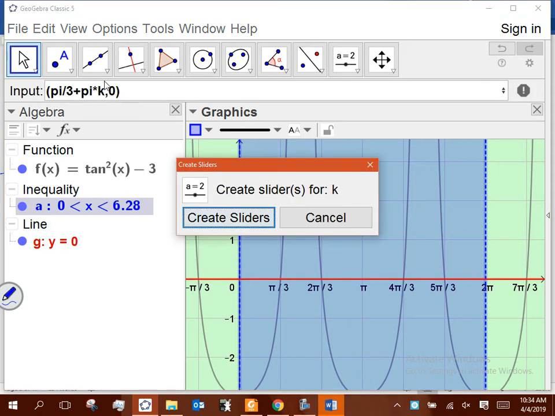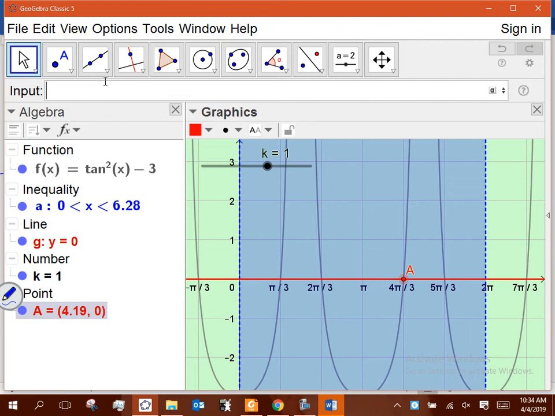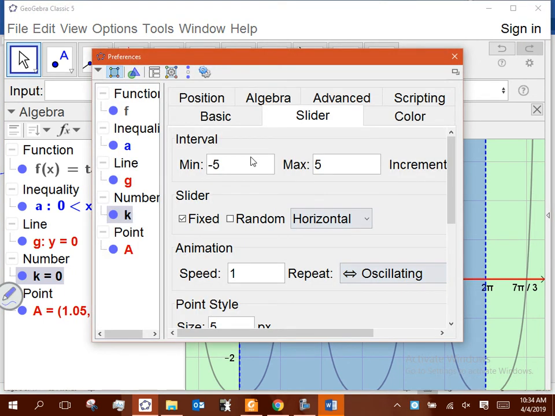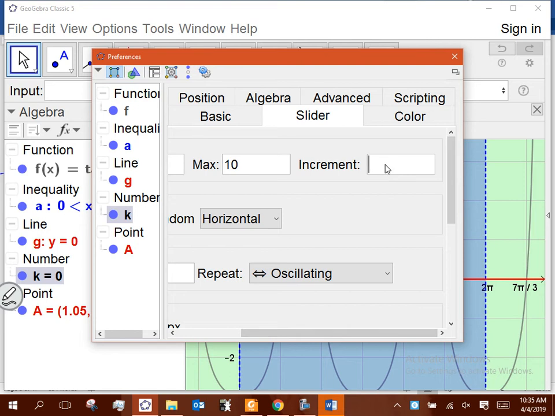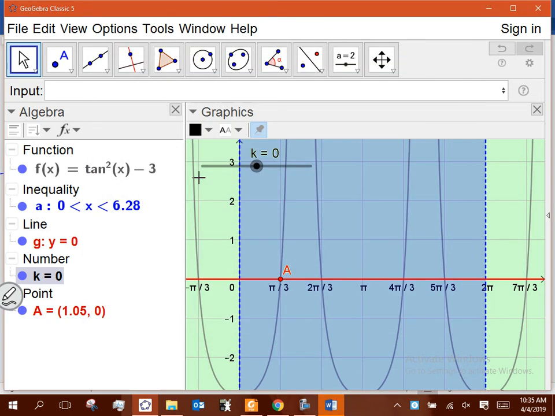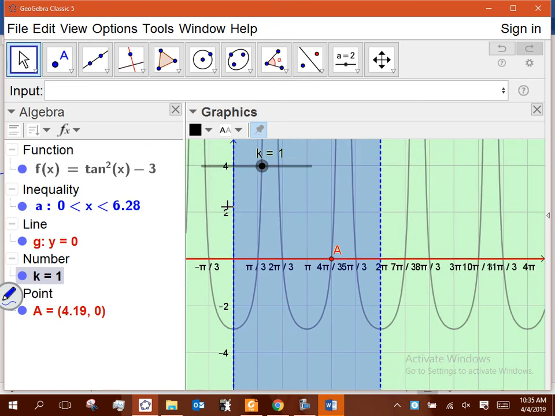Ask me to create a slider for k. Okay, so I want k to be 0. Let's make this go between -10 and +10. We'll go by increments of 1. Make it integers.